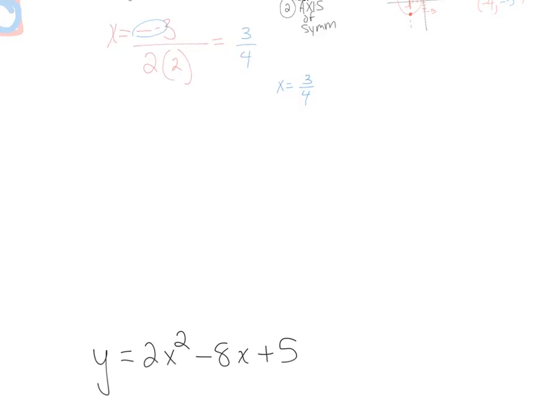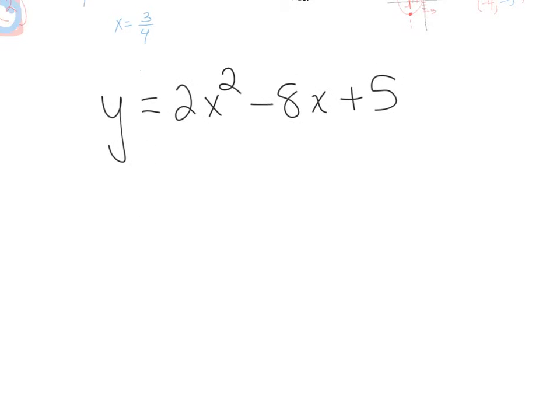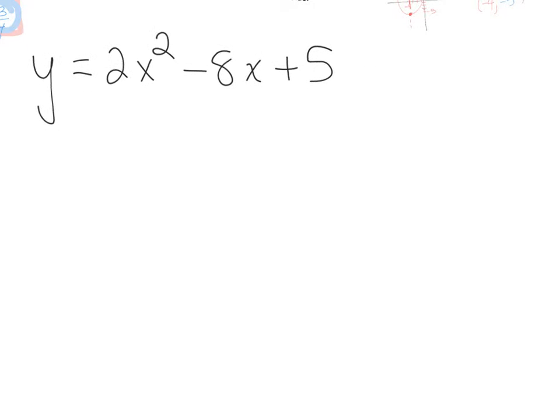Let's look at this equation here. If I asked you to find the axis of symmetry, you know you would use what equation? So the axis of symmetry is a vertical line, so that means your answer is going to be x equals, not just a number.